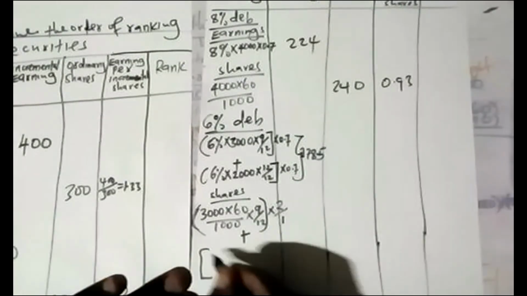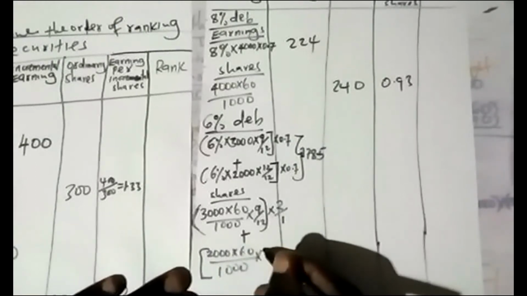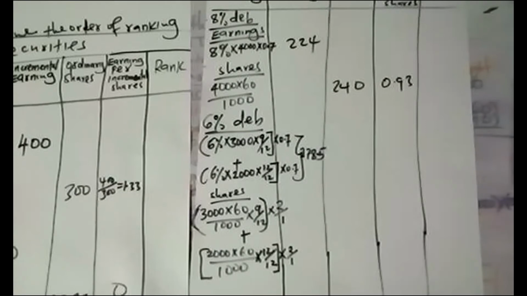So the remaining one is 2,000 times 60 over 1,000 times, okay, I'm on the second part. Just a moment. So I think you understand everything we are doing. Yeah, not bad.